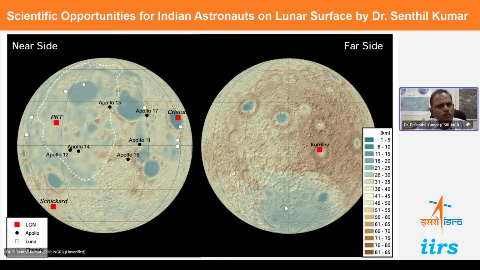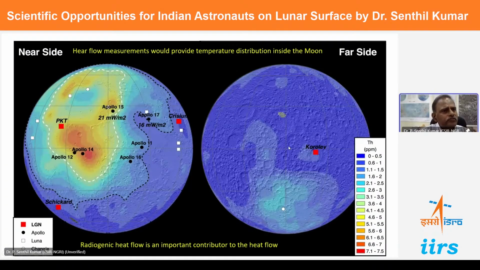Also, the thickness of the upper shell of the moon, the crust, can be mapped precisely using seismology and also gravity. This is one of the crustal thickness maps of the moon. And again, the heat flow. How much heat is flowing from the interior of the moon to the surface? This also depends on the amount of radiogenic heat produced inside the moon.